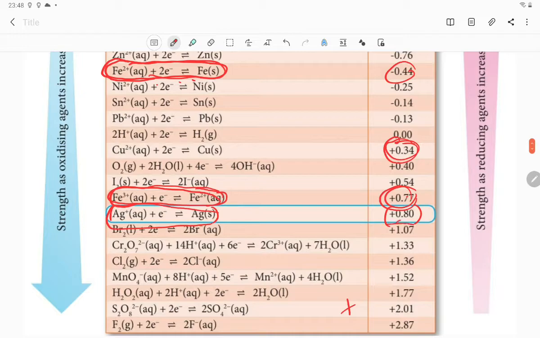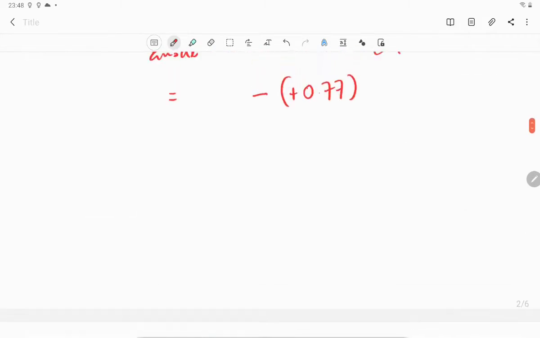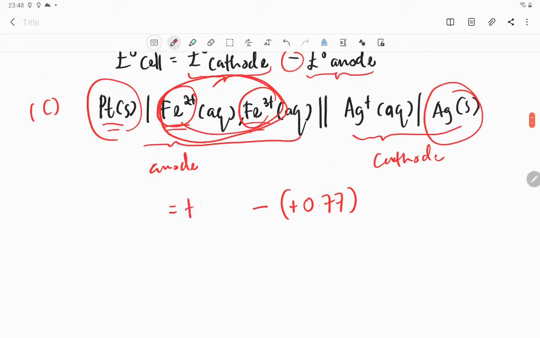So we have plus 0.80. So just use simple mathematics to solve this problem. So you have the value 0.03, it must have the unit volt.